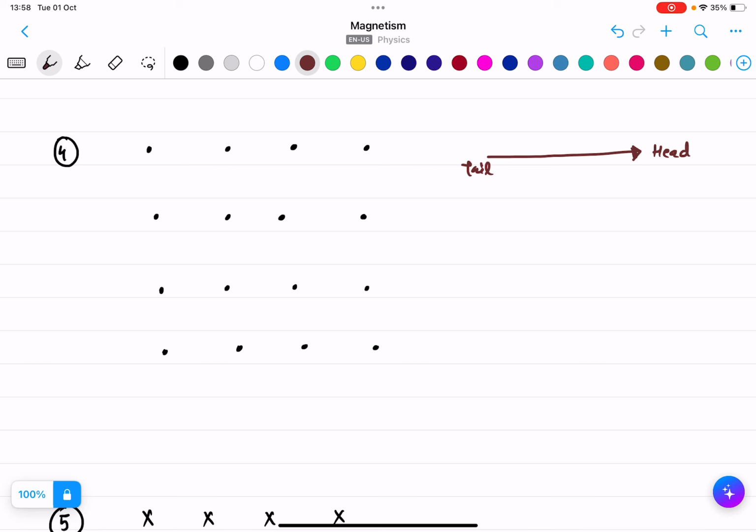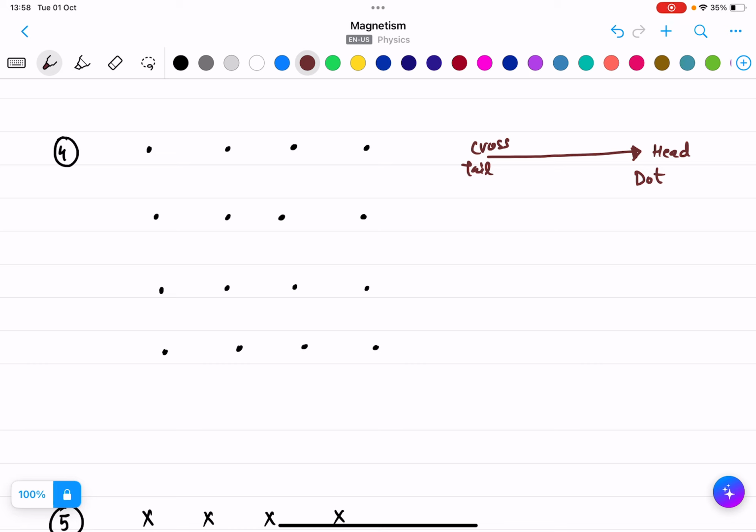Suppose you see the arrow is coming towards you, okay? That means you will see a dot. If it is coming towards you, you'll just see the dot. But if it's going outwards, then you will see the cross here, okay? When you see the arrow, just visualize any arrow.